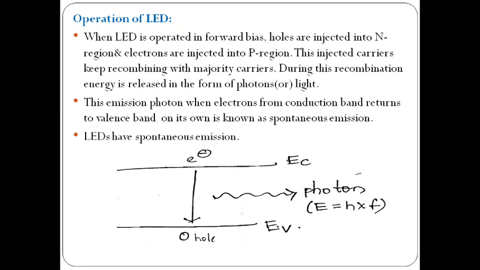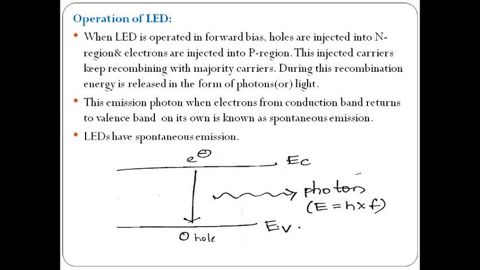We know that when an LED is operating in forward bias, holes are injected into the N region and electrons are injected into the P region. That means electrons are present in the conduction band and holes are present in the valence band. Electrons in the conduction band of the n region move from the conduction band to the valence band holes in the p region.